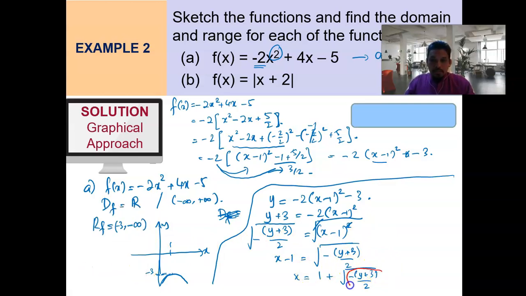This is our reference now to make the function defined. So negative (y plus 3) divided by 2 must be greater than or equal to 0, because the square root of 0 equals 0, so 1 plus 0 still has a value. Cross multiply here: negative y minus 3 is greater than or equal to 0, negative y is greater than or equal to 3, and y is less than or equal to -3.